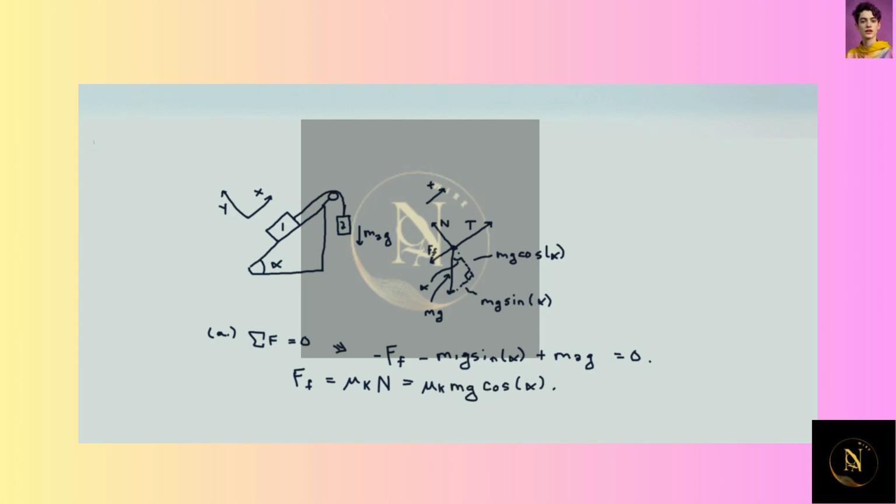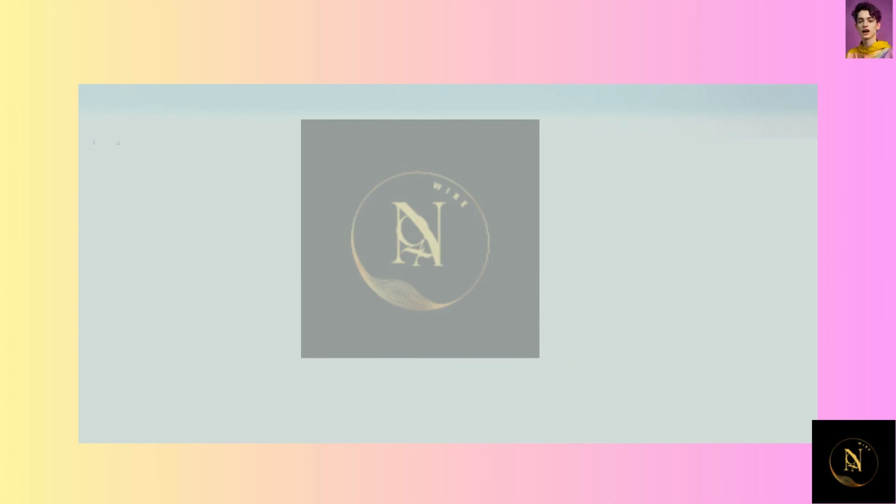And then whenever you add this in here and then solve for m2, you get the final result, which is m2 is equal to mu k m1 cosine alpha plus m1 times sine alpha. I also cancel the factor of g because each term shared it. And that's the final answer for part A.